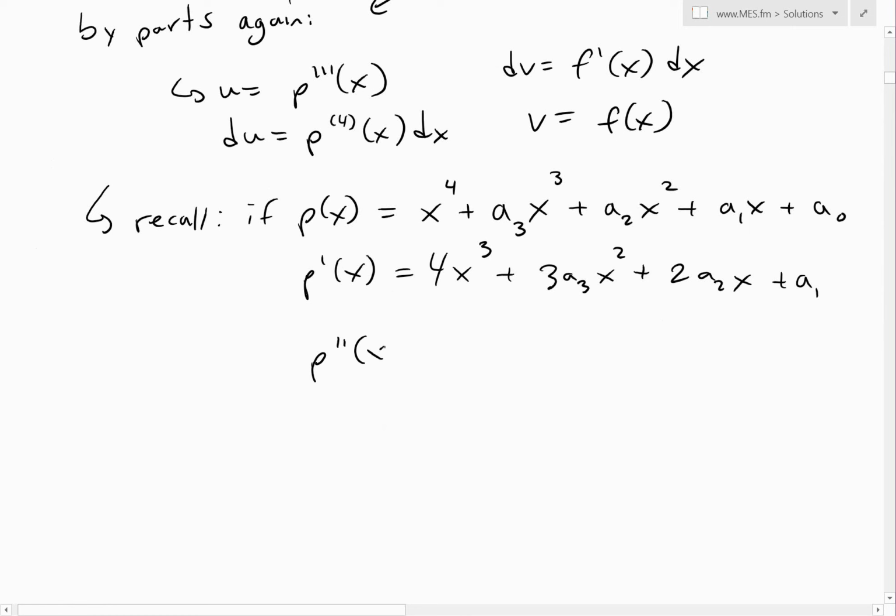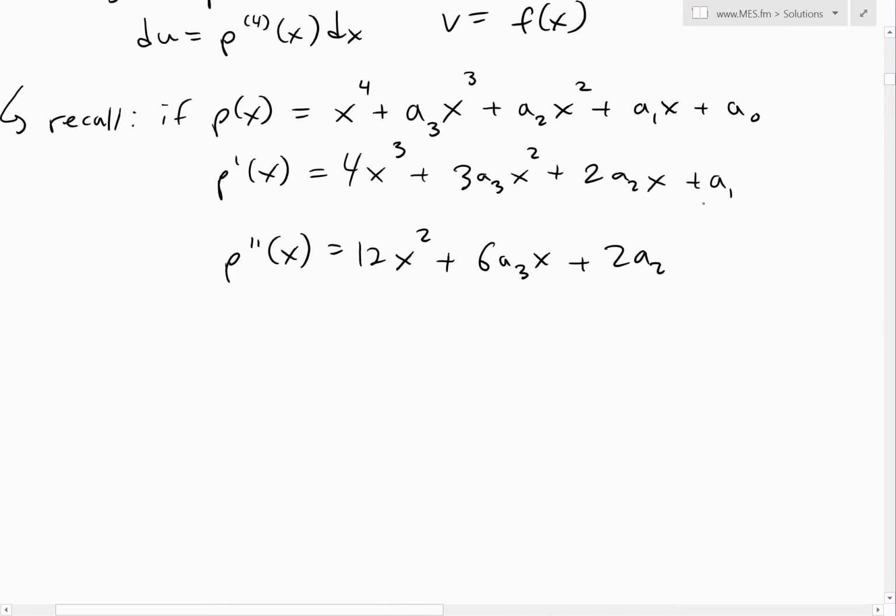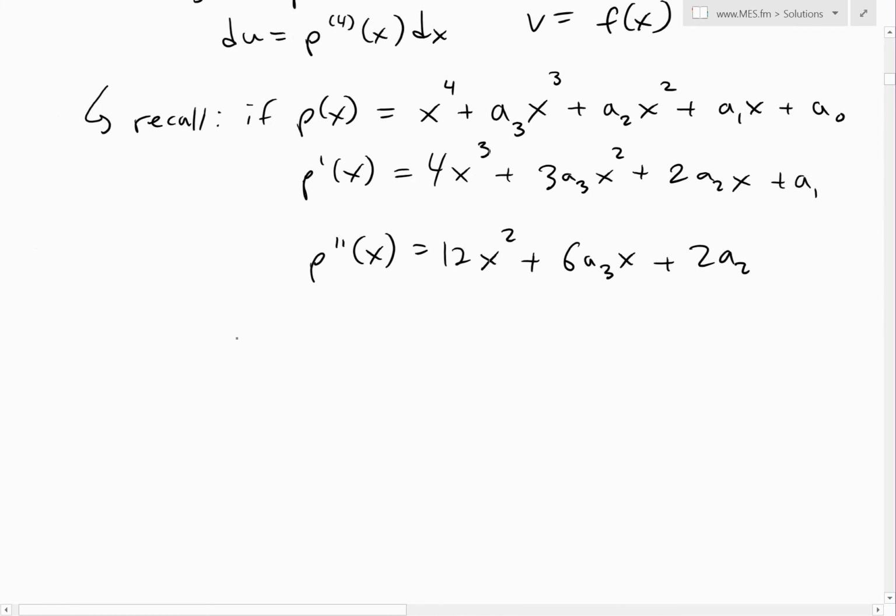Now the second time we do this, this 3 goes down, so we'll have 12x squared, plus 6a3 x, and the last one is 2a2. So now we've gotten rid of two coefficients, a0 and a1. And now we do it the third time.